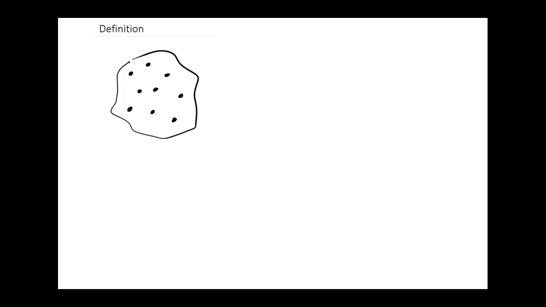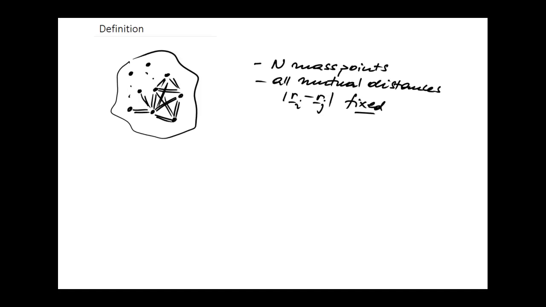a rigid body. The distances between these mass points are fixed. So this distance here, that distance, that one, and so on. All the distances that you can imagine, all pairwise distances between the mass points, are fixed. This is what is meant by the body being rigid.